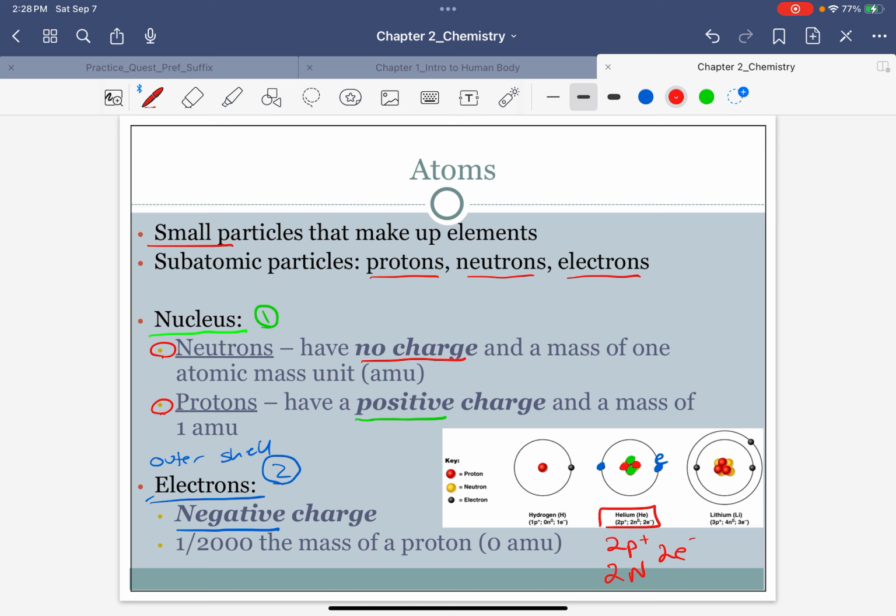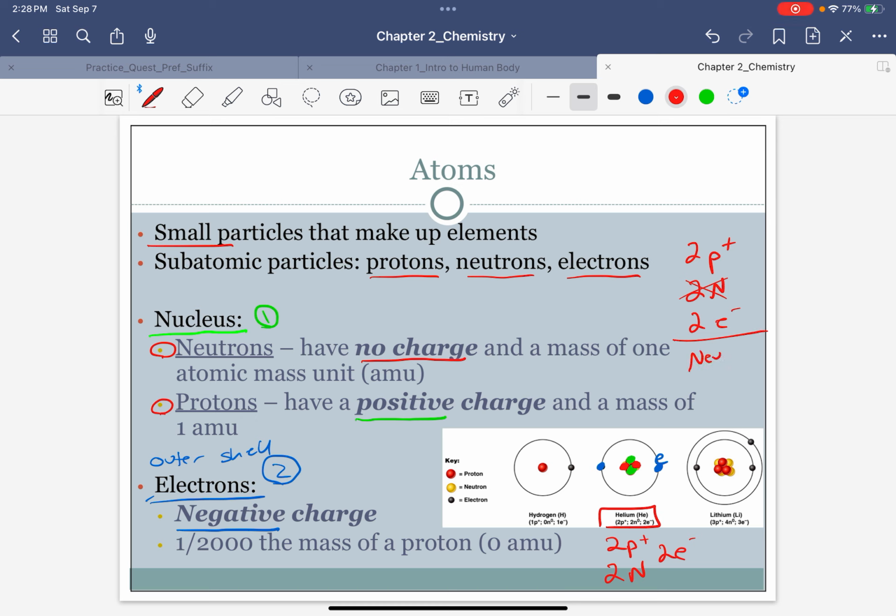Now, what would the overall charge of this atom be? If we have 2 things that are positive, 2 things that are neutral, so we can more or less forget about that because it doesn't affect the overall charge. So we have 2 things that are positive and 2 things that are negative. What is the overall charge of this atom?